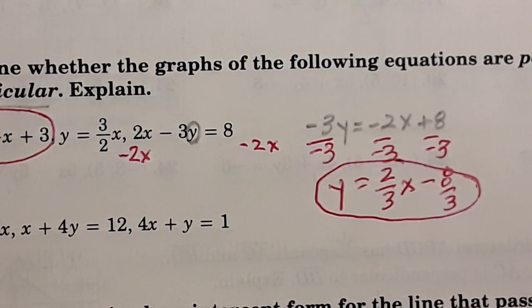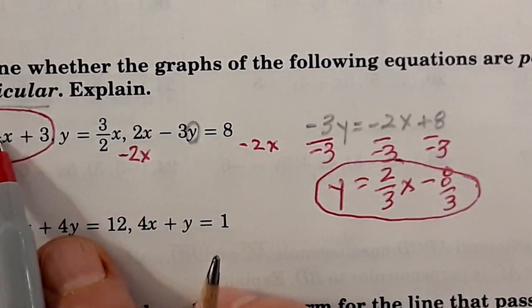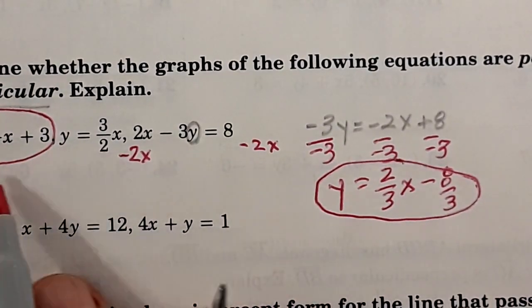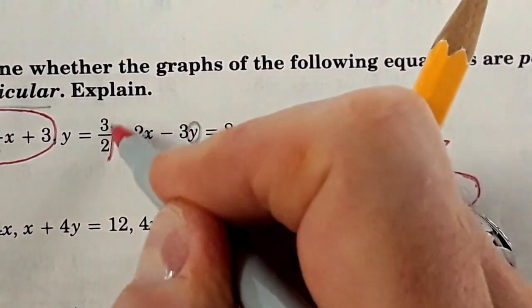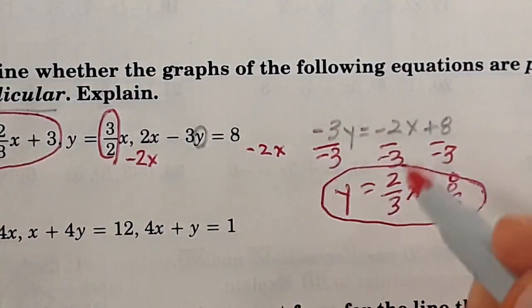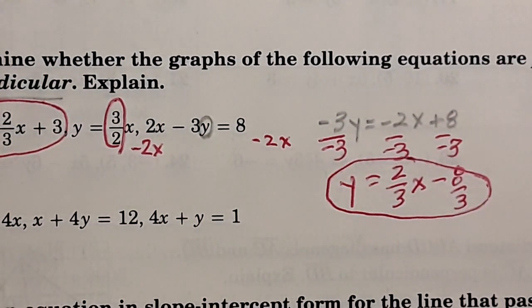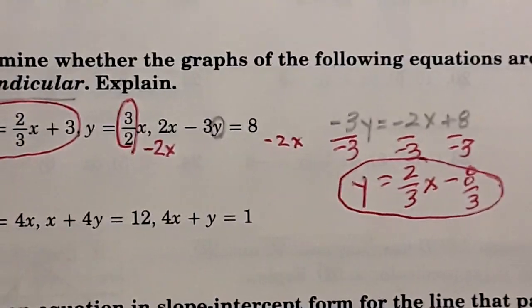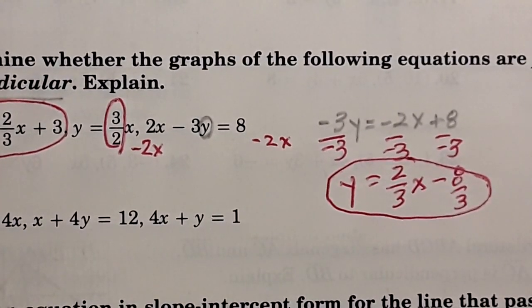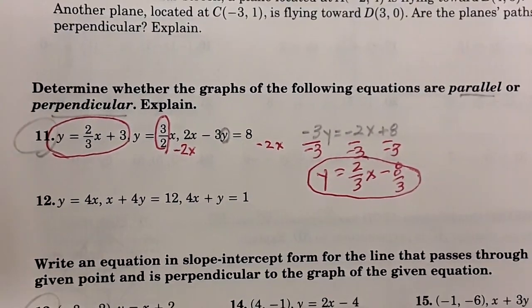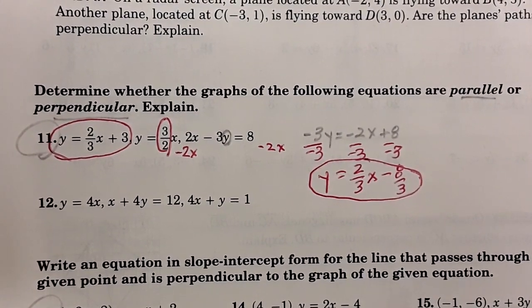Well, they're not perpendicular because the slopes are not negative reciprocals. And this one is not parallel to these two because the slopes aren't the same. If you round it, if you actually divide it and round it, you would get the 3. Does that make sense to you? No, it's not the same, not at all.